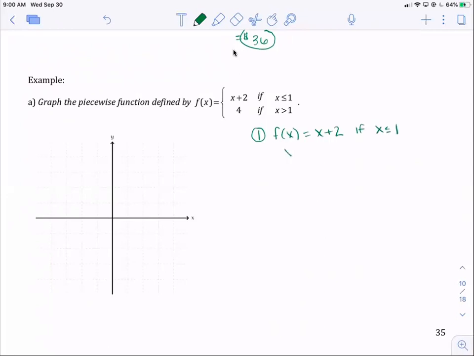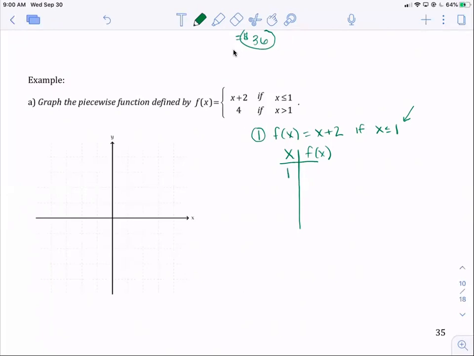Okay, so I'm going to make a table. And here's the thing, we're always going to use that number, no matter what, whether it's a less than, a greater than, less than or equal to anything. Okay, so starting with 1, and then we want to pick at least one number that makes this true.